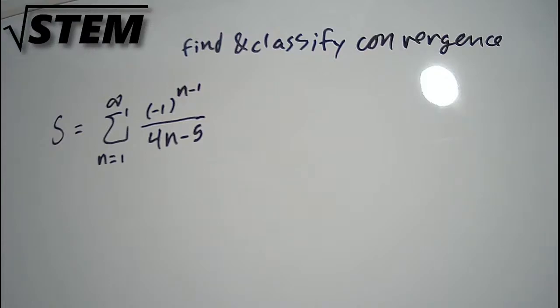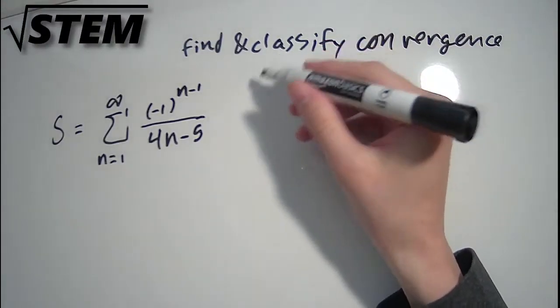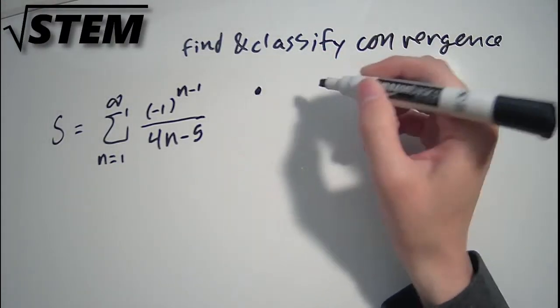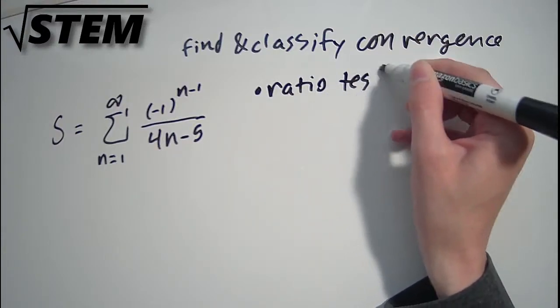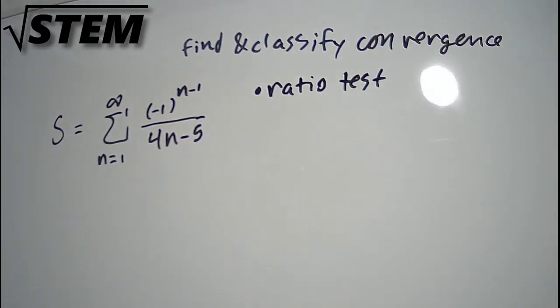Let me grab my calculus book. Before I crack that open, I'm going to write down my ideas. I'm pretty sure the one that works most of the time is the ratio test to find convergence.